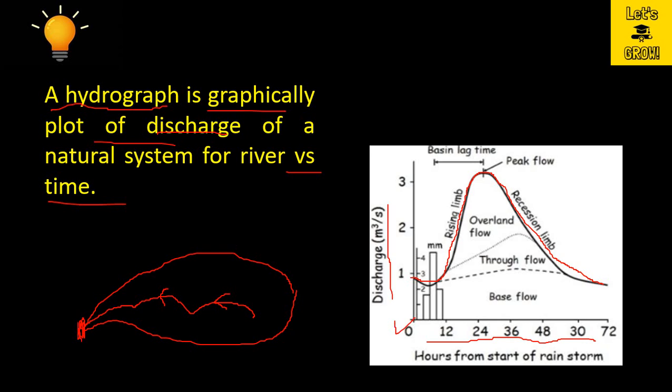After, suppose, 12 hours you measure the discharge as 1.2 or 1.3, and again at 24 hours, at 36 hours, at 48 hours you get more discharge. So you are measuring the discharge at various time steps, and this is how you can generate the hydrograph.